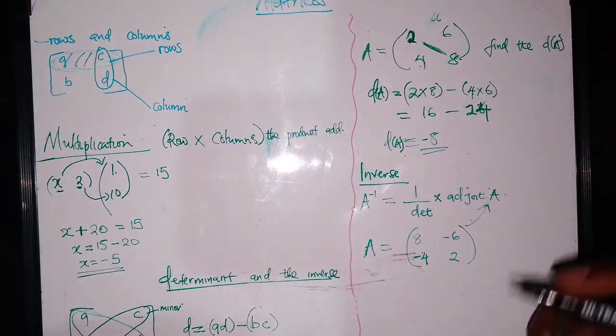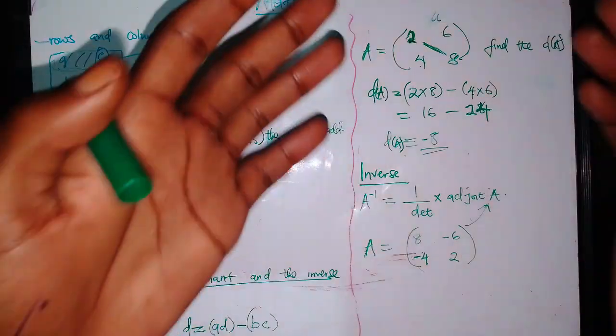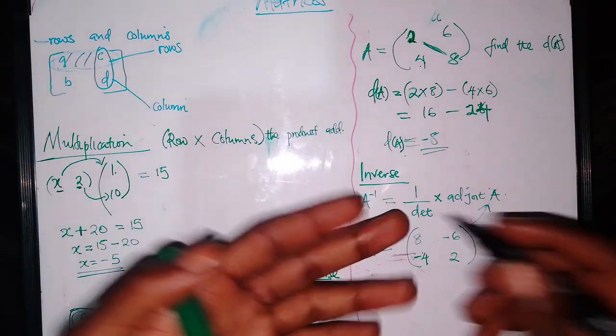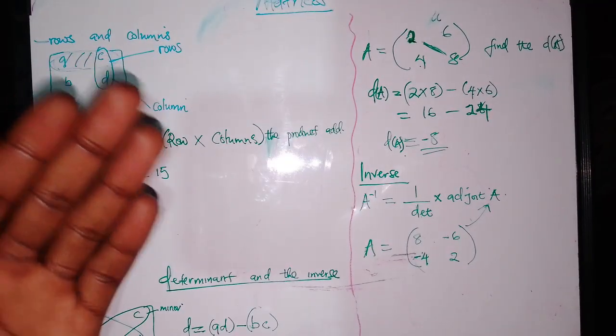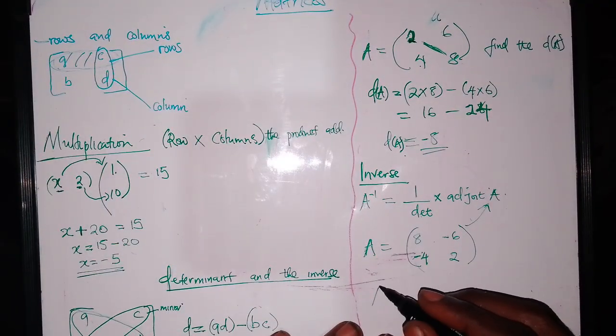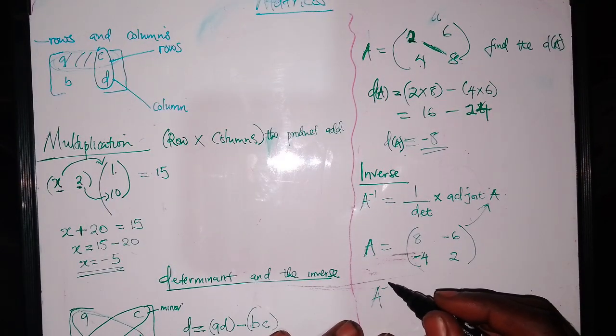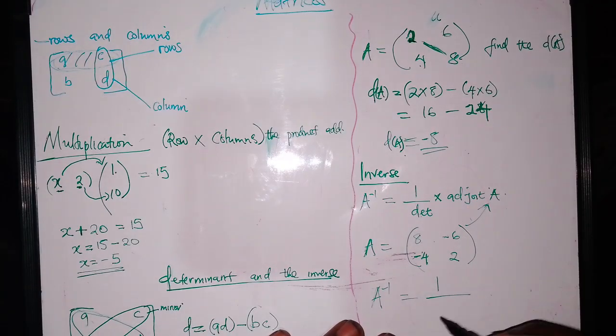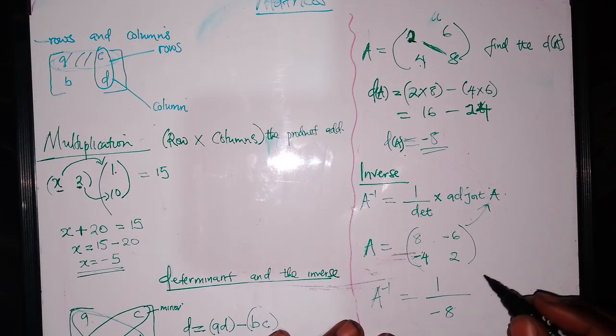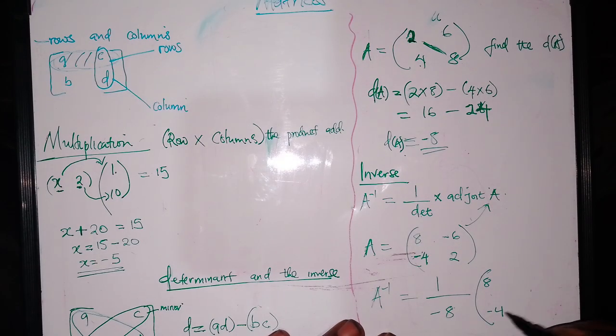We can use this as an example. Since we have the determinant and we also have the adjoint, we can find the inverse. The inverse of A is equal to 1 over, what was our determinant? Negative 8. What is our adjoint? 8, negative 4, negative 6, and 2. Then here you can multiply.